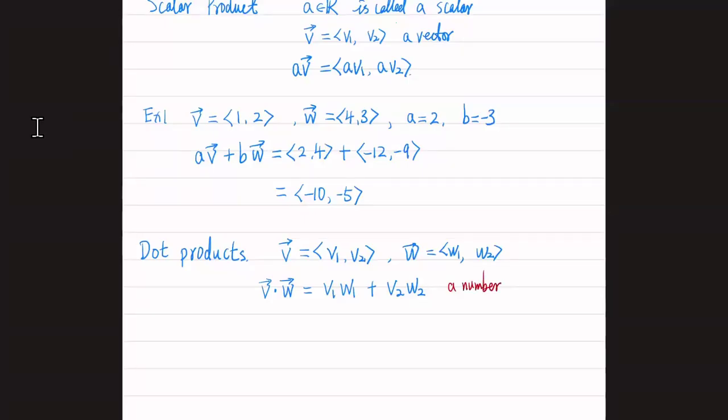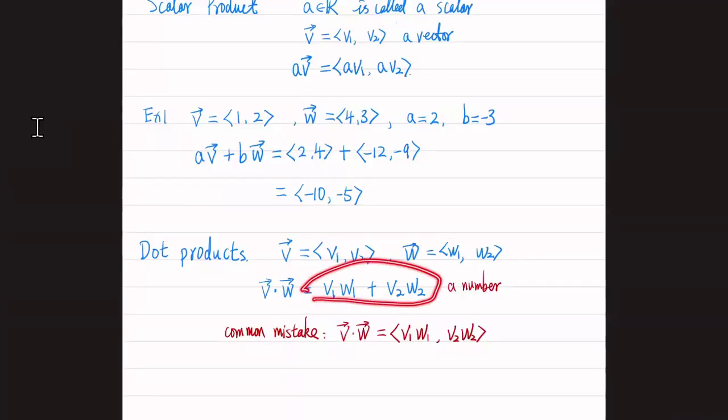A very common mistake is this. Okay, now we can see the difference of these two.